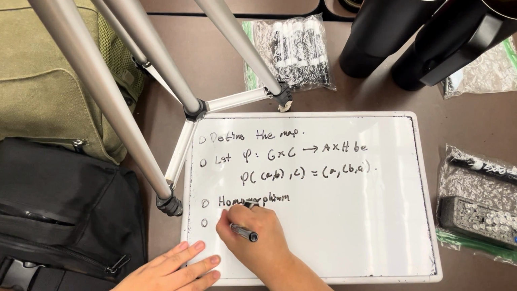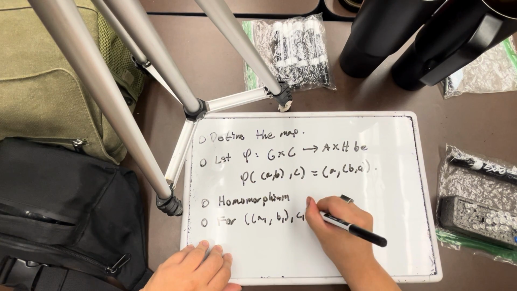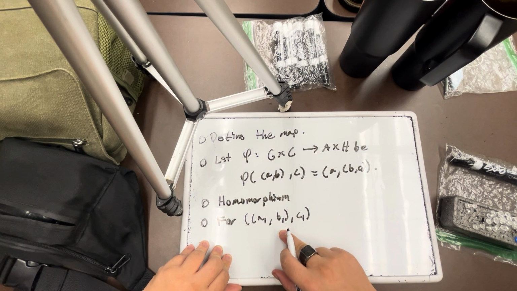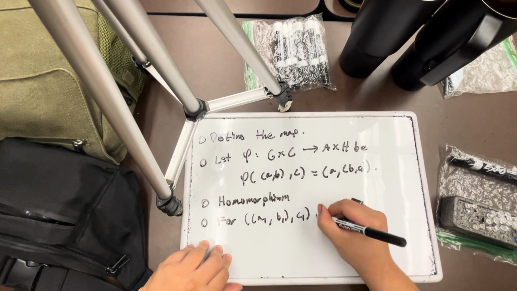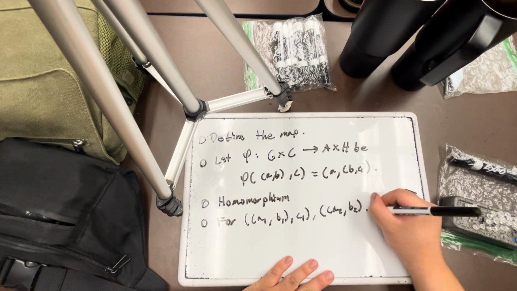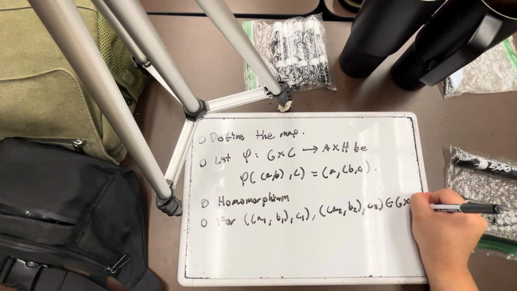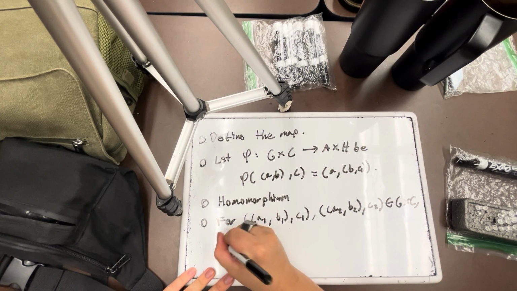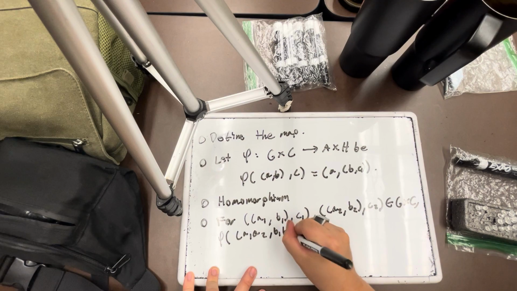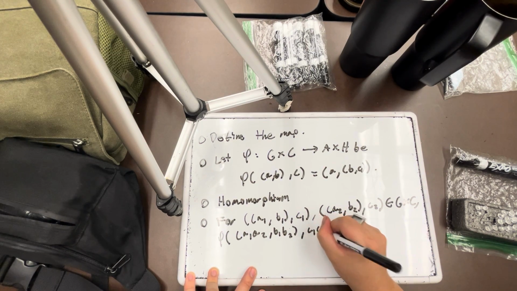So for ((a1, b1), c1) and ((a2, b2), c2) contained within G cross C, we have phi of ((a1 a2, b1 b2), c1 c2).